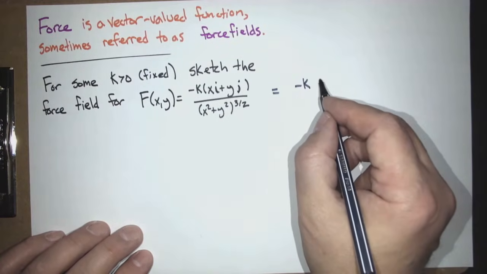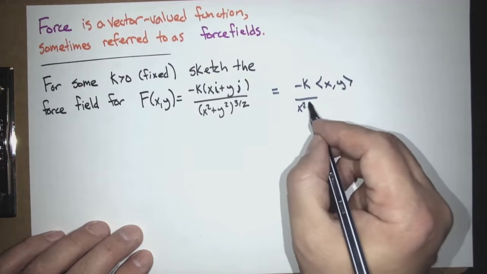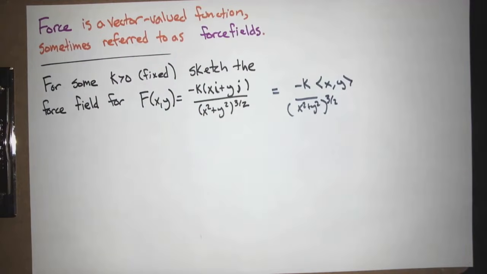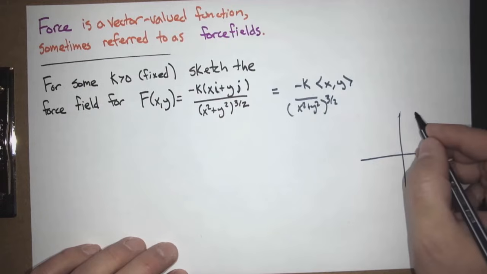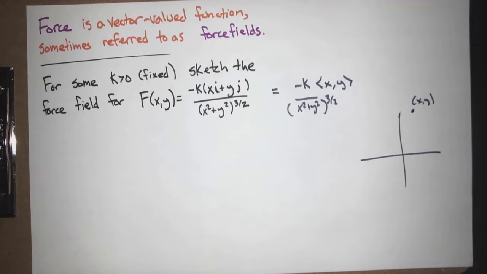So this is the same as negative k x y over x squared plus y squared to the power 3/2. So, not drawing anything yet, I have a point here, x, y. Now the question is, which way am I pointing? Roughly speaking. Any intuition?